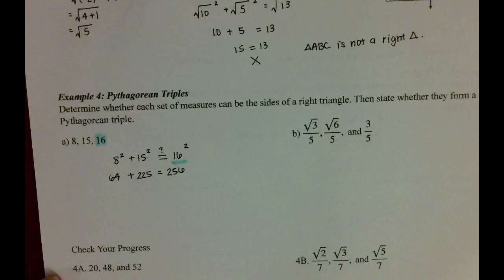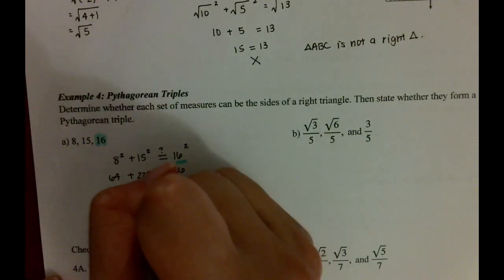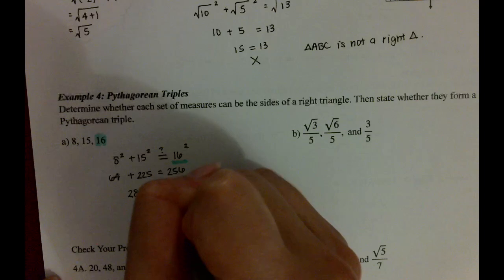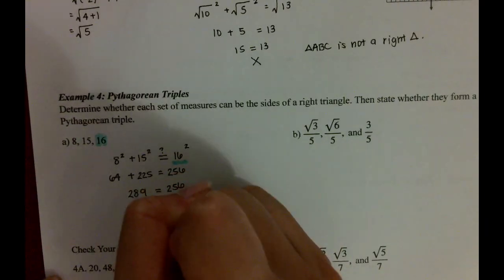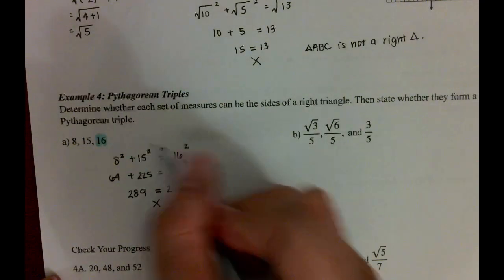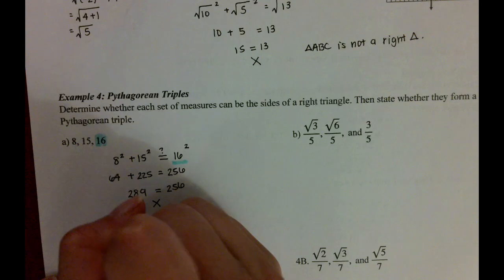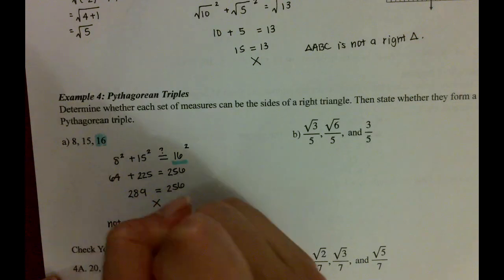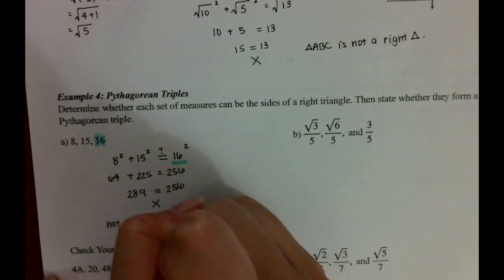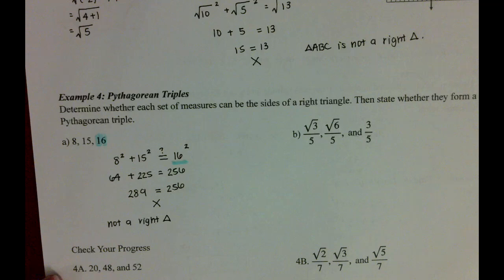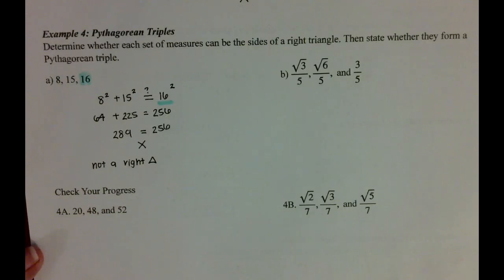Okay. 64 plus 225 gives you 289. Does 289 equal 256? No, it does not. And since the Pythagorean theorem didn't work for this, this is not a right triangle. Okay, they're not the measures of a right triangle, not the sides of a right triangle.